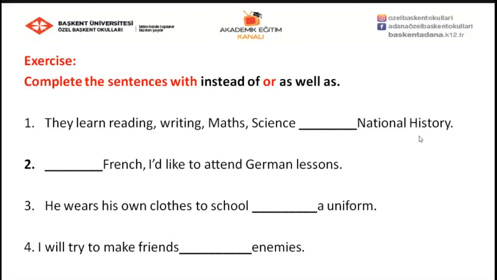They learn reading, writing, maths, science. So do we need to use for this gap instead of or as well as? Just think about it. And you just need to look at the second question, third question, and the fourth question. Just think about the answer of these questions in a minute, and then we're going to answer them together.